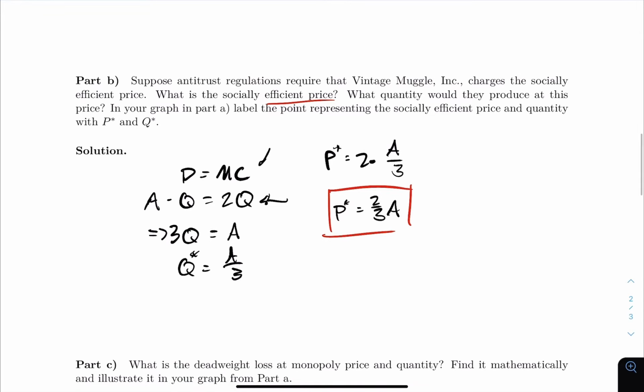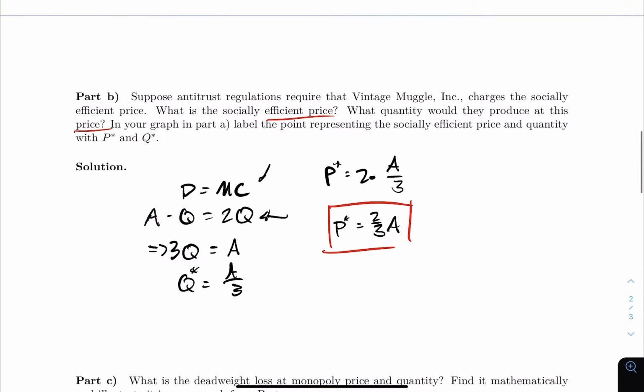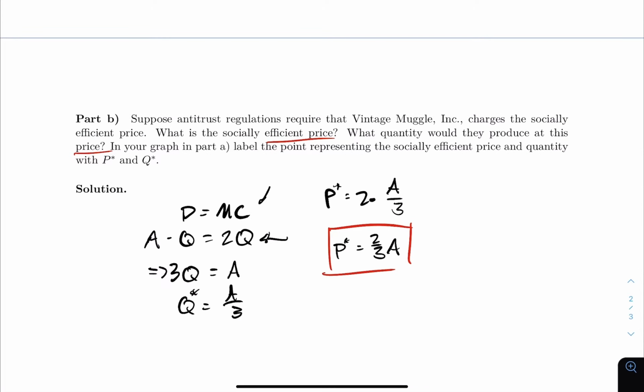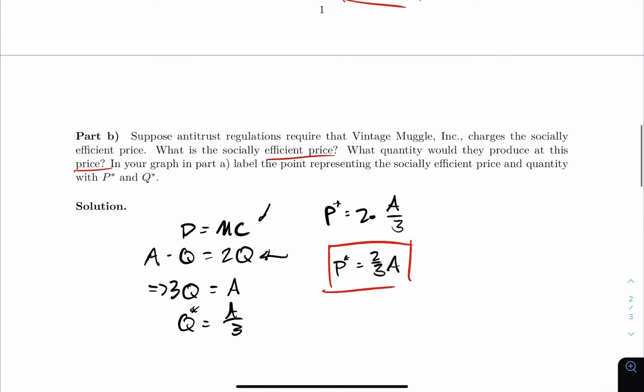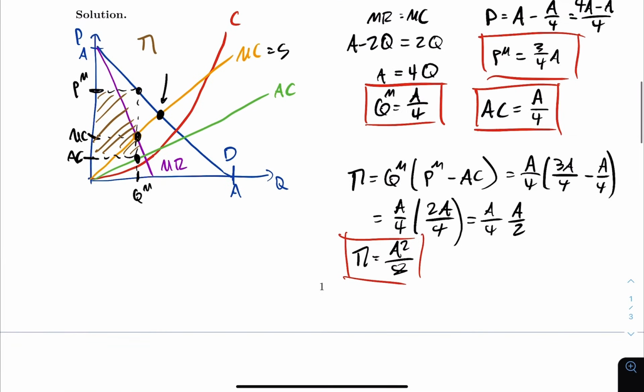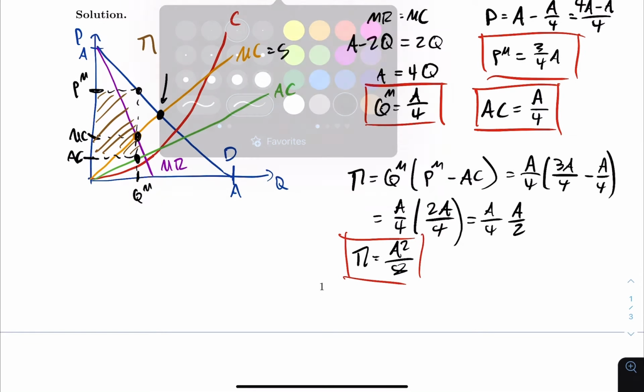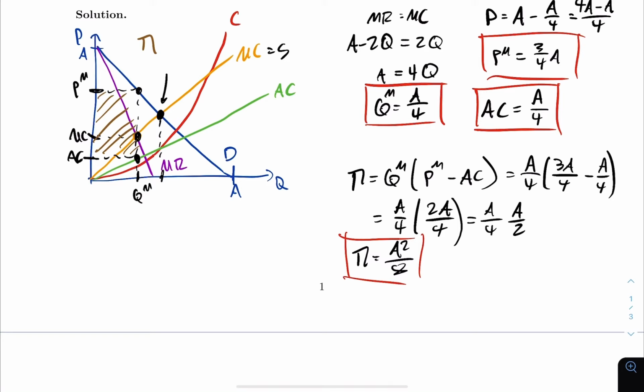What quantity would they produce at this price? The first thing to do is to label the point representing the socially efficient price and quantity with P star and Q star. Let's just do this graphically. We sort of started off with it, so let's just finish it. Q star and P star.